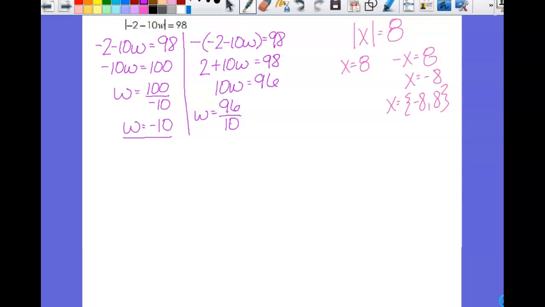We're going to reduce the fraction. Pretty easy, because the numerator and the denominator are both even, so you know they're both divisible by 2. So this can equal 5 in the denominator. Half of 96 is 48, so I get 48 up here. So that's my other answer. My answers then for w are negative 10 and 48 over 5.